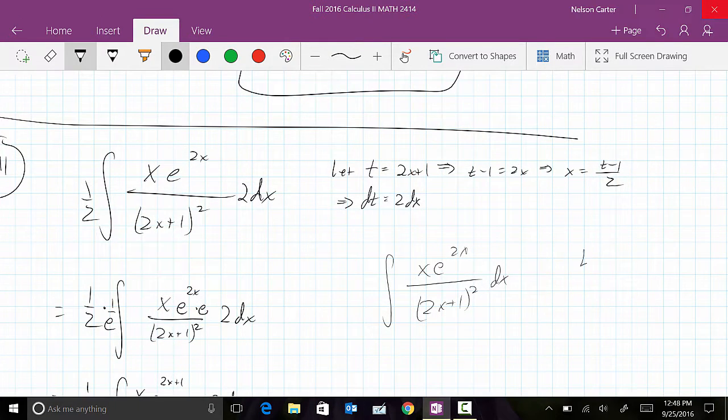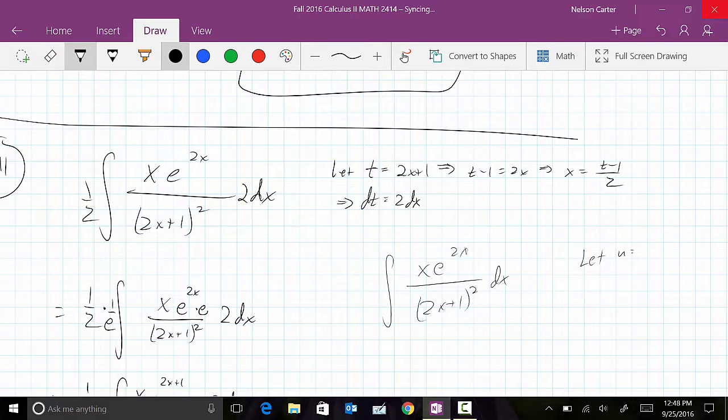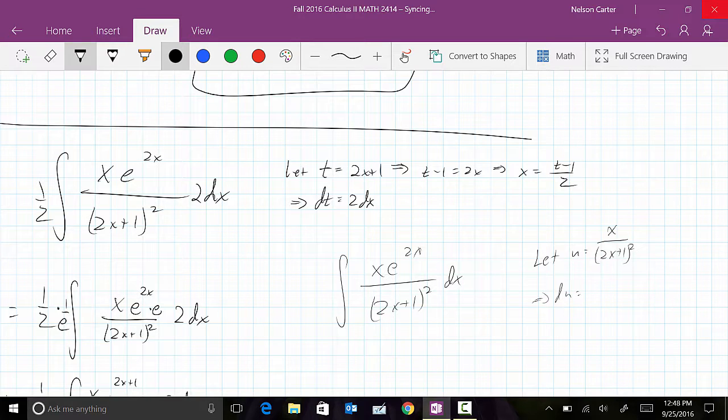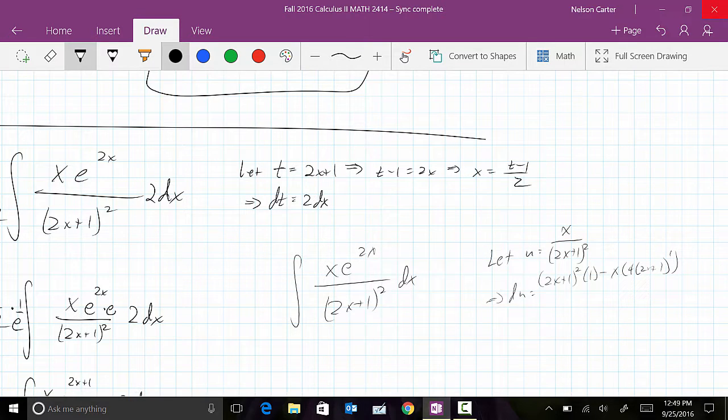Could you have just said, alright, I'm going to let u equal x over (2x plus 1) all squared, and that would imply that du is going to be, this is going to be gross, bottom times the derivative of the top minus the top times the derivative of the bottom, which is 4 times the (2x plus 1) to the power 1, and then times the derivative of the inside, which is 2x, and that's all divided by (2x plus 1) all squared.